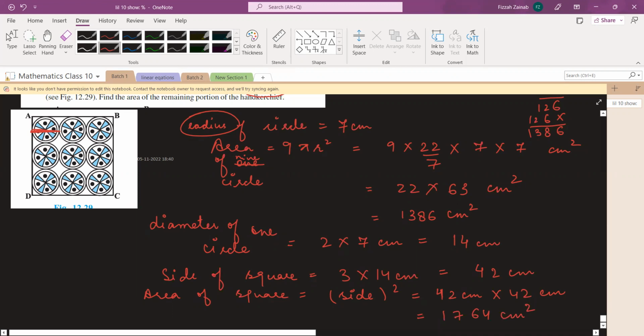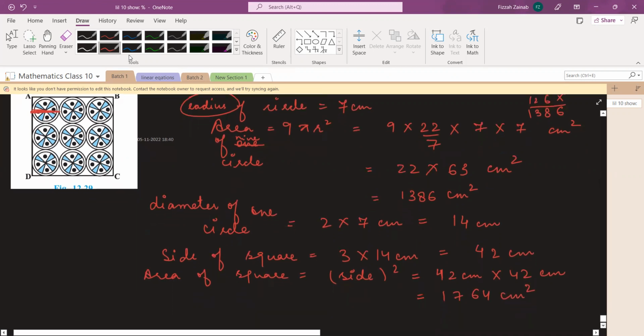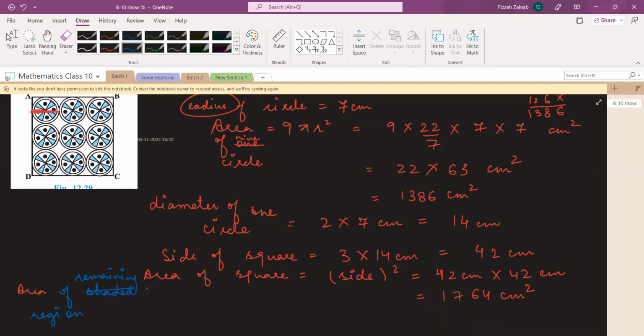Now we have to subtract, that's it, right? So area of remaining region, not shaded, it's called remaining region in the question, right? Area of remaining region will be area of square minus area of 9 circles. Clear?